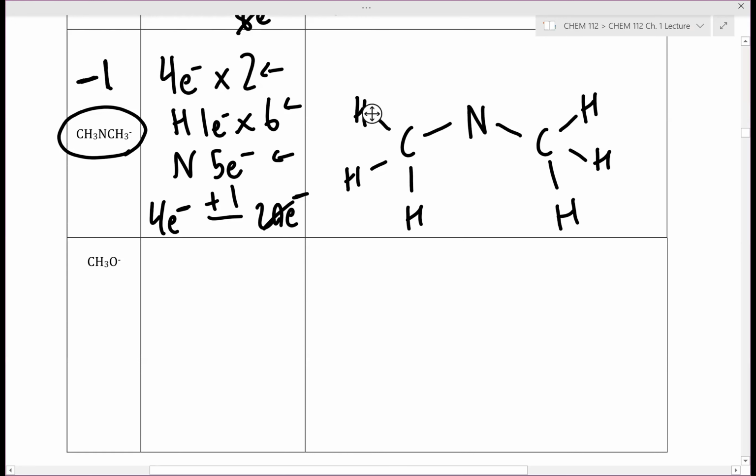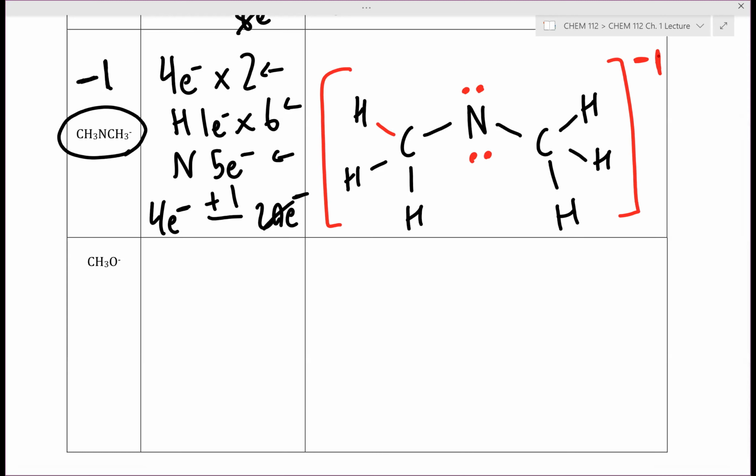Where do we place our last 4 electrons? We place them on nitrogen. Nitrogen has a complete octet, and this entire species has a -1 charge. What atom has the negative charge? Nitrogen. This nitrogen has a formal charge of -1.